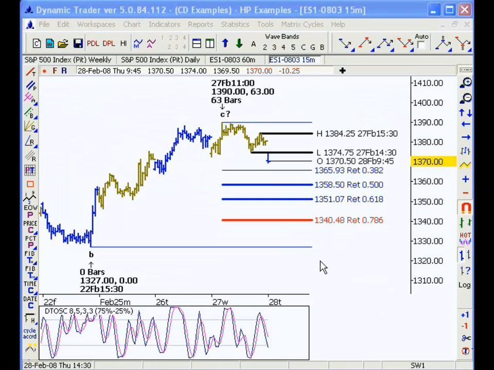So I'm going to go back to the 60-minute data for our trade management, even though we went down to the 15-minute data for our trade entry. As it happened, we wouldn't have had to follow this market during the day on the shorter term intraday data, given that the market gapped down on the open below that swing low.